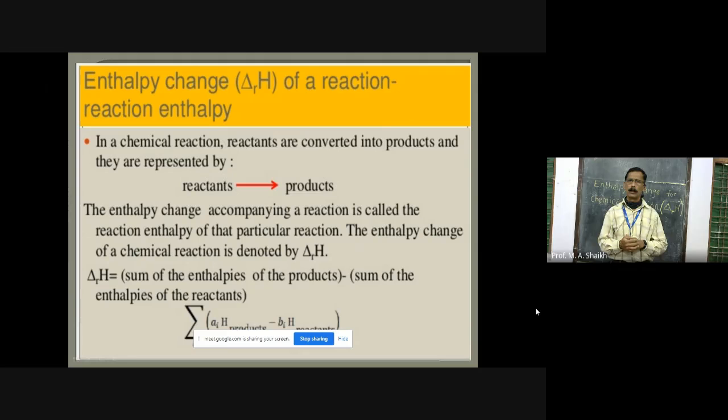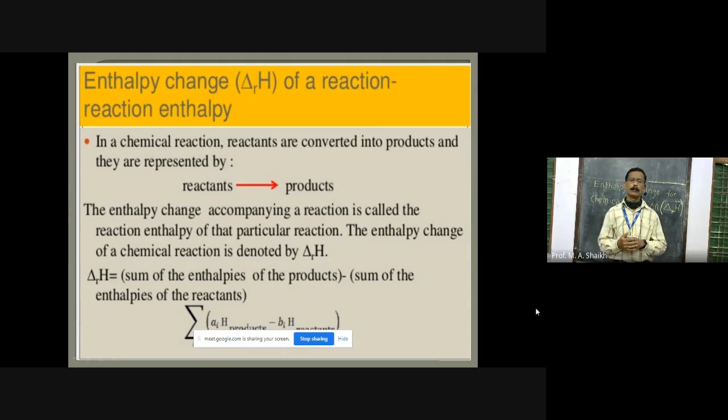Therefore, for a chemical reaction as a system, enthalpy change or delta H is equal to the sum of enthalpies of products minus the sum of enthalpies of reactants. What we have done? We have replaced H2 by the sum of enthalpies of products. Why? Because product state is the final state.